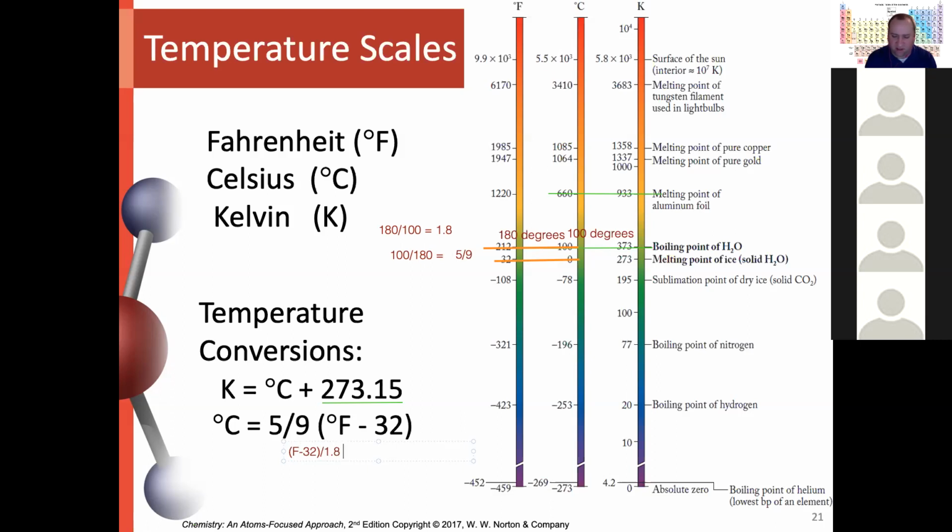And that would give us Celsius. And then just using a little bit of algebra to flip it around, 1.8 times Celsius plus 32 would equal Fahrenheit.